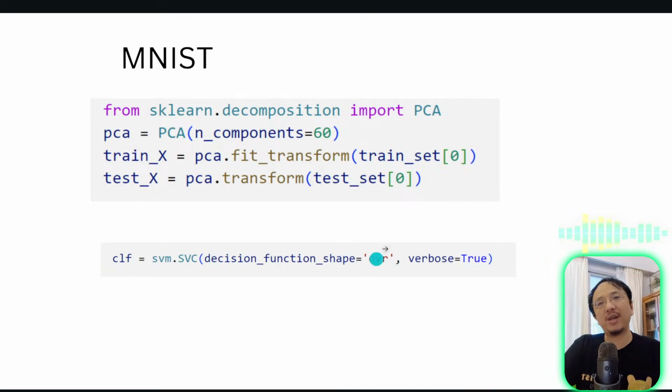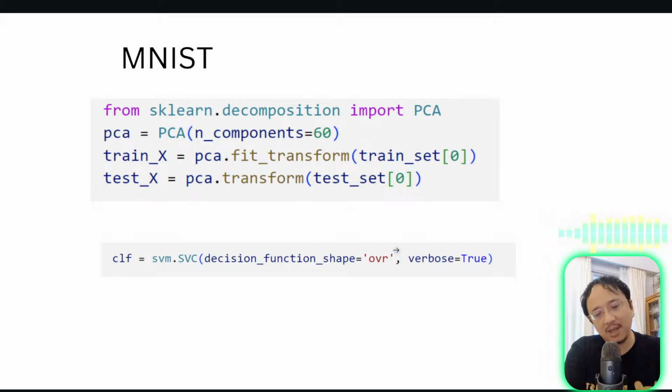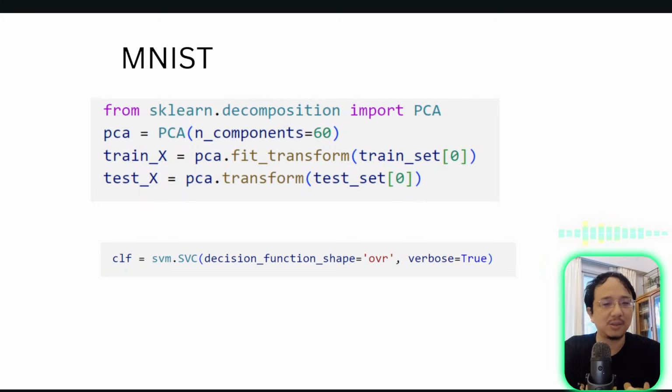So that's one-vs-rest. In fact, you can design all kinds of different schemes, because the idea is that we have a tool that can do binary classification, and we just use the binary classification to find out the best one out of these different classes.